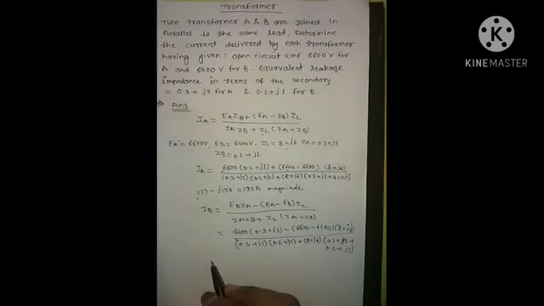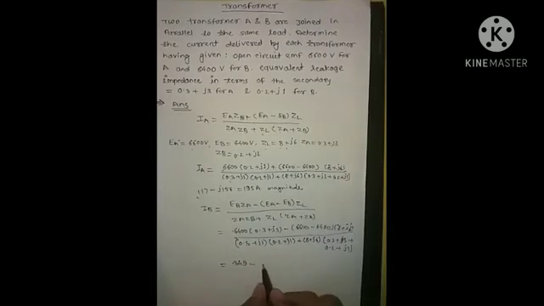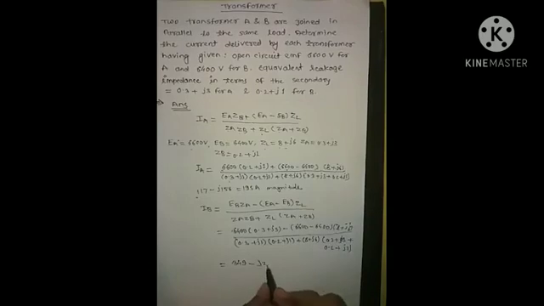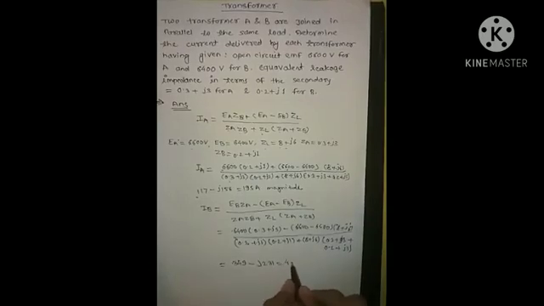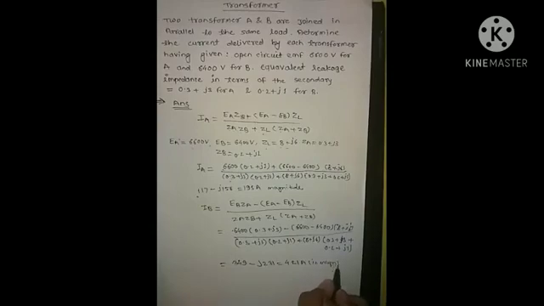By solving this we get 349 minus j231, which is 421 ampere in magnitude.